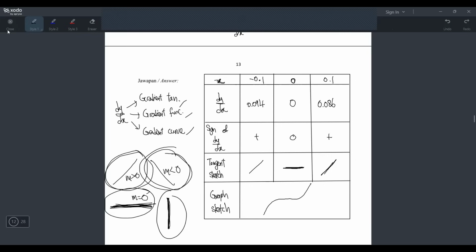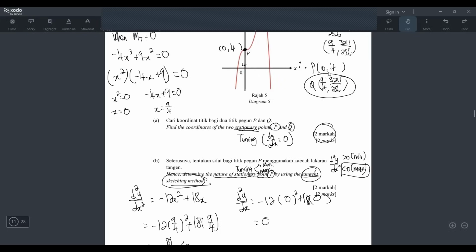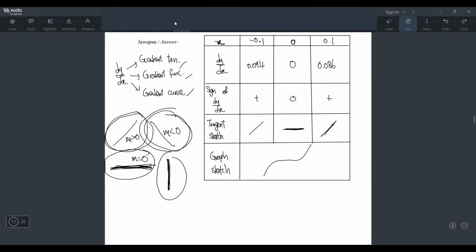And where do you think is the point P? It's like in the middle here. So this is the point P. No wonder we can't determine maximum or minimum, right? Because if you look at this point P, it's not maximum and it's not minimum. It's not the highest point, the graph still keeps going.